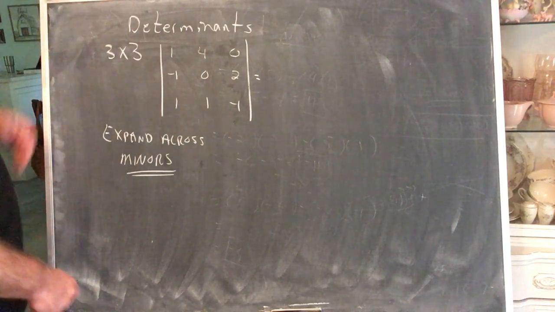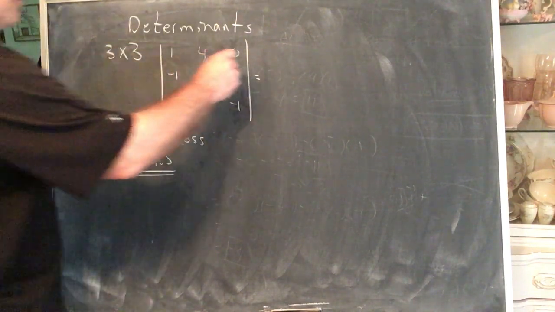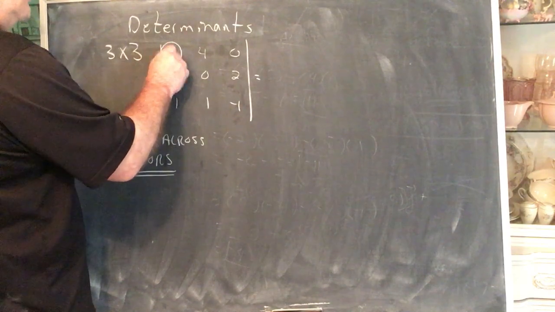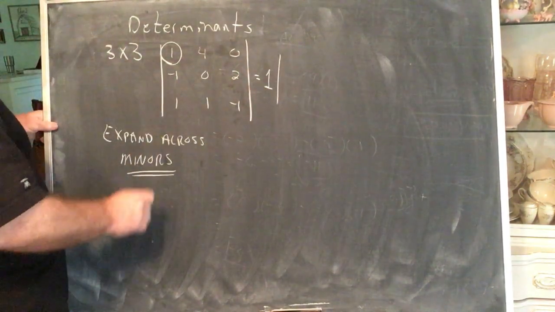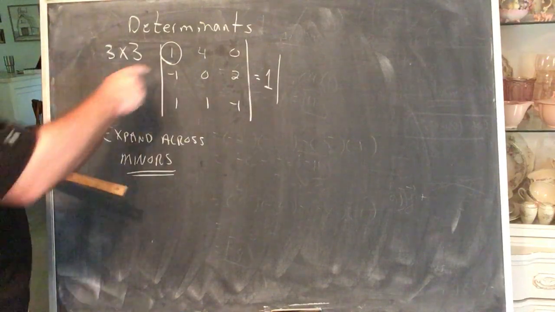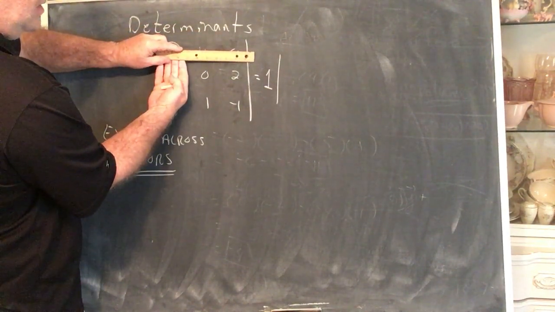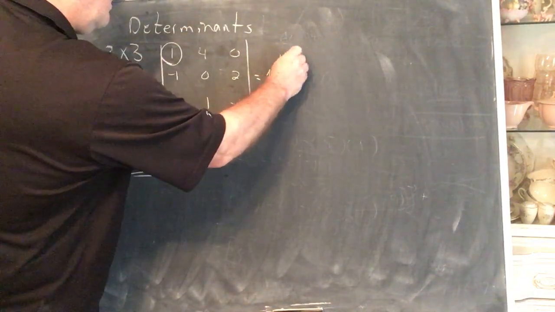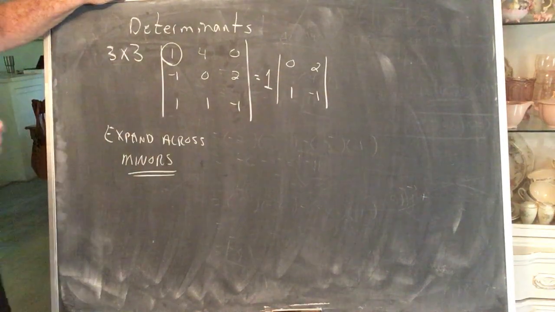So I'm going to expand across the top row. And so here's the procedure. 1, and then you multiply it by the minor of that. So you take 1 and multiply by the minor. That is the determinant 0, 2, 1, negative 1. And we'll come back and compute that in a bit.